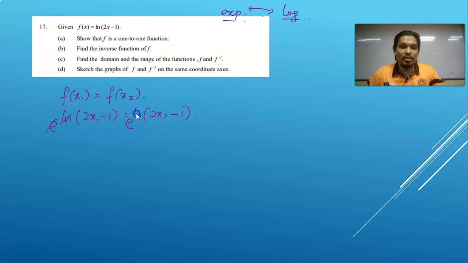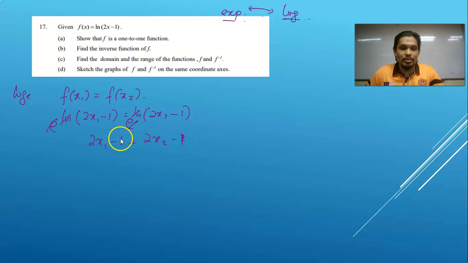So canceling, we get 2x1 minus 1 equal to 2x2 minus 1. Extra note about this: natural log left and right, we eliminate it by making the whole function ln(2x minus 1) an index power of the constant e. Then the natural log, log to the base e, cancels with this e, and we get the function 2x minus 1 here.